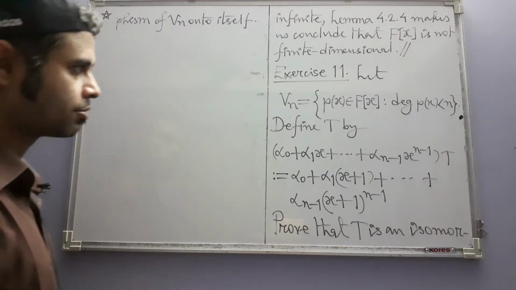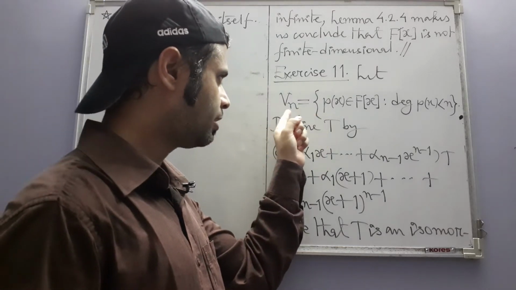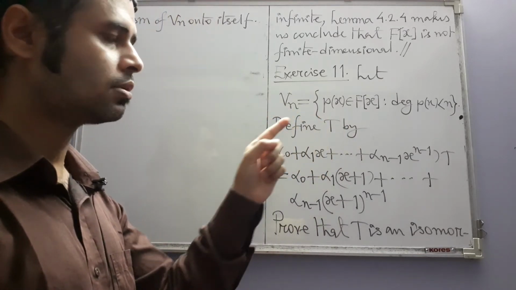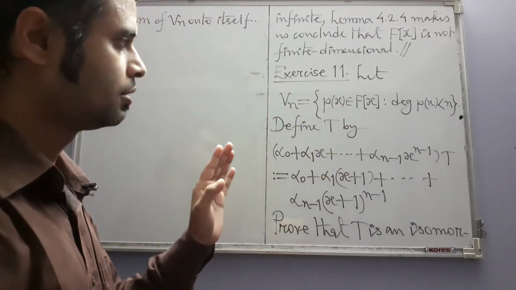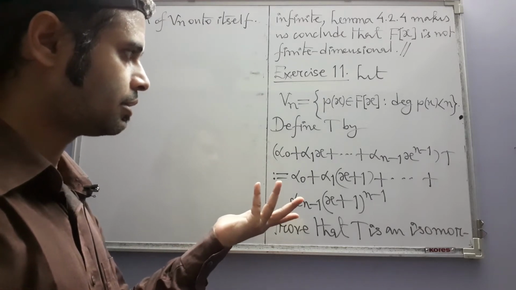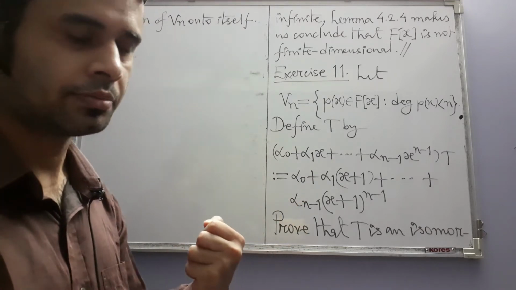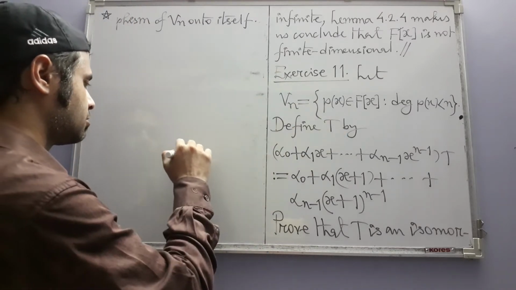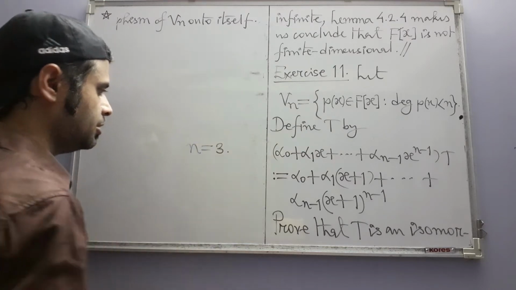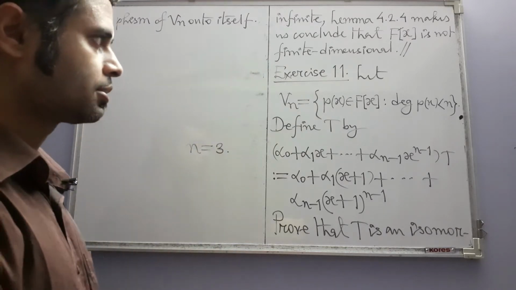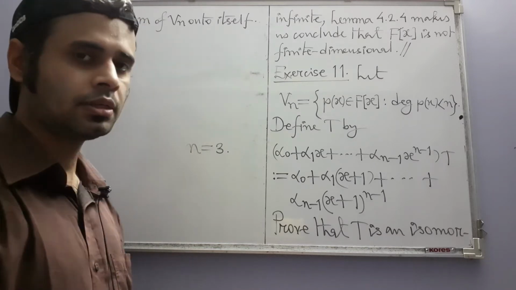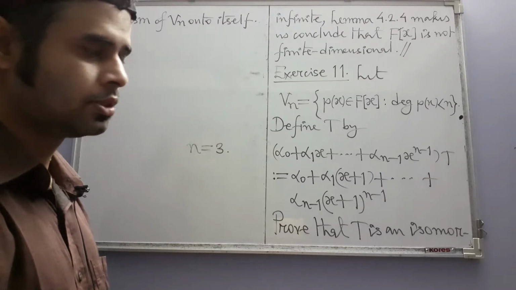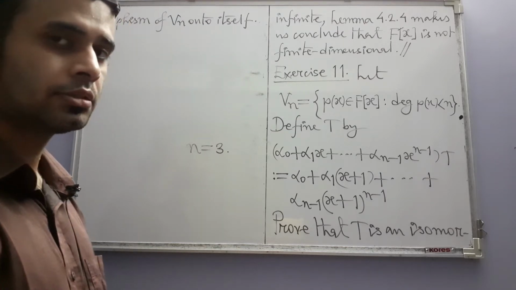You see, you look at the definition of V_n. V_n consists of all polynomials p(x) whose degrees are less than n, where n of course we can understand is some non-negative integer. Now say your n is 3, then we are considering all polynomials in F[x] whose degrees are less than or equal to 2, that is the degrees do not reach 3.